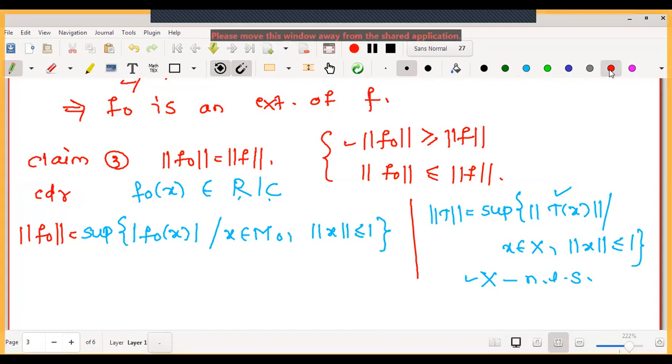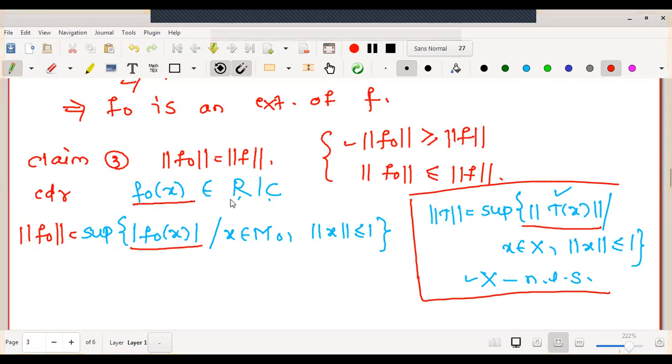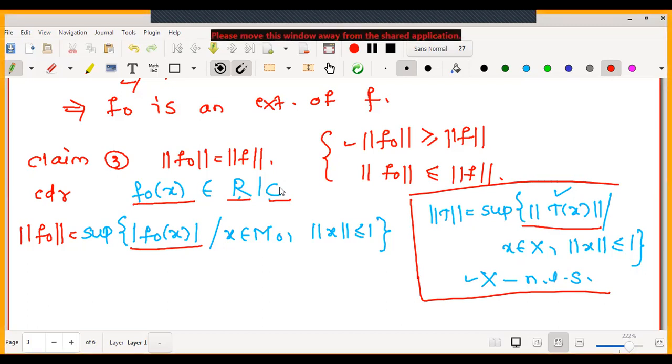Okay, just check what difference we have made in the two definitions. This is the actual definition of operator norm we have studied, right? And this is what we are using now. The only change is, as X is a normed linear space there, we took norm T of x, knowing the norm is acting on the normed linear space X. But here the image of f naught belongs to either R or C, and on these spaces we know that the modulus is the norm acting, right?